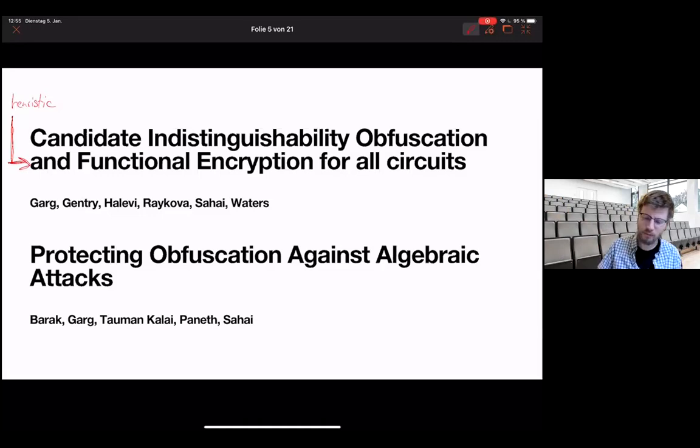And then in a later work, so this was 2013, this was 2014, or it was published 2014. Here, they took essentially the same construction. They modified a few details, let's say slightly modified.